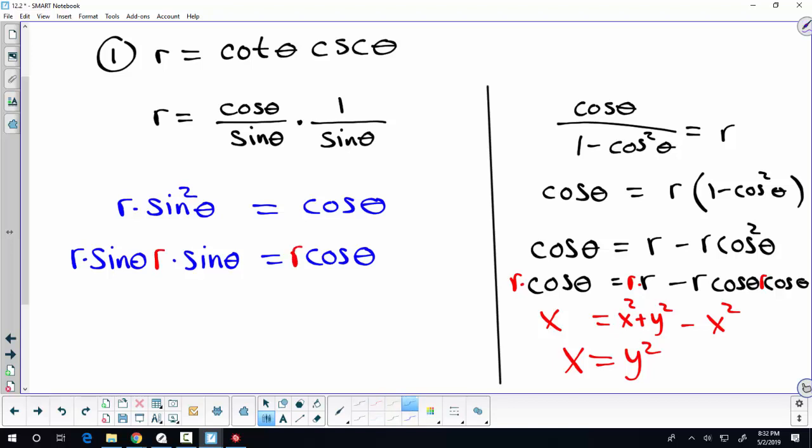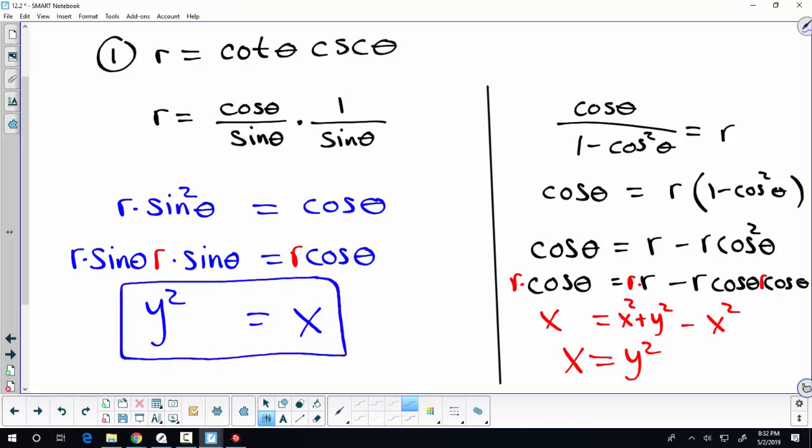So we have y times y, which is y squared, equals r cosine theta, which is x. However you go, you should end up with y squared equals x, which is a parabola opening to the right, with its vertex at the origin.